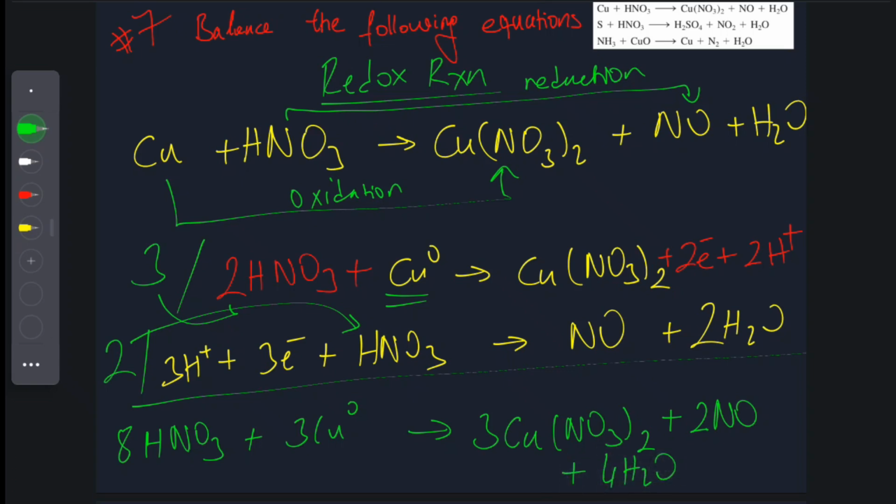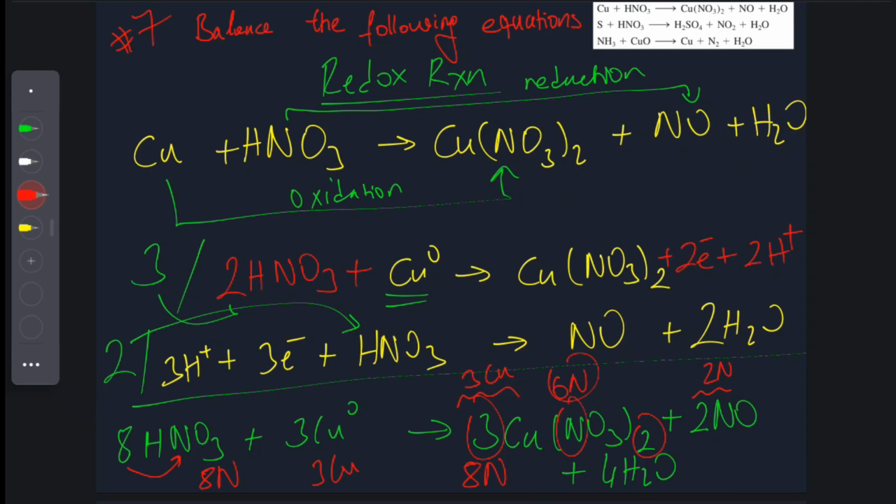Then we should check. The nitrogen is the most tricky one, I think. So we have 6 nitrogen here and 2 nitrogen here. So we have 8 nitrogen. We have also 8 nitrogen here. So nitrogen checked. Copper checked. 3 copper here, 3 copper here. Good.